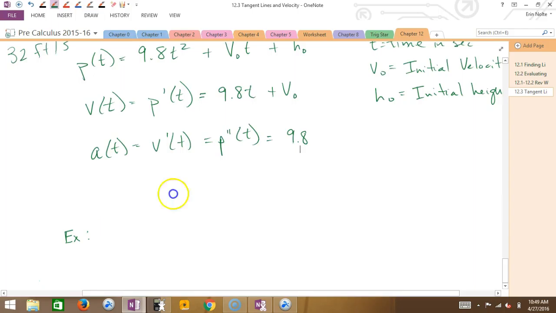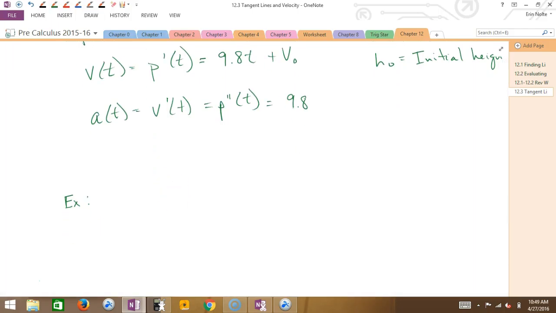Okay, so let's throw a baseball, because it's baseball season. Throw baseball.